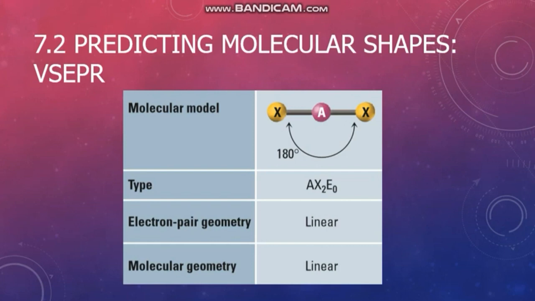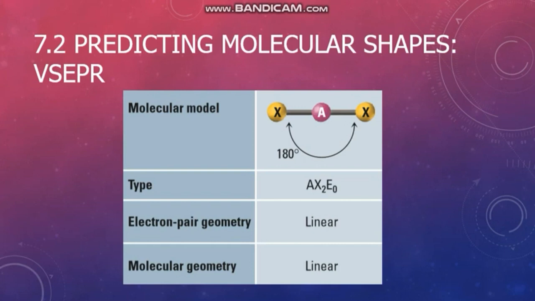So we have here the electron pair geometry, which is linear, and the molecular geometry is also linear. Later on, we're going to discuss the definitions for these. And then we have here the type, AX2E0.